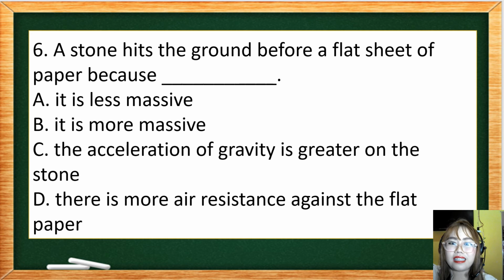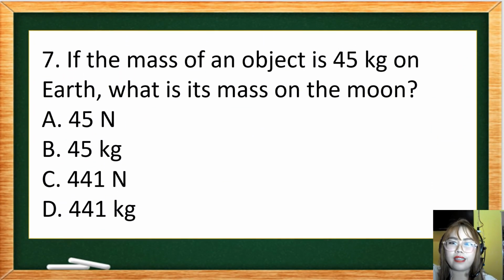A. It is less massive. B. It is more massive. C. The acceleration of gravity is greater on the stone. Or D. There is more air resistance against the flat paper. Number 7. If the mass of an object is 45 kg on Earth, what is its mass on the Moon?